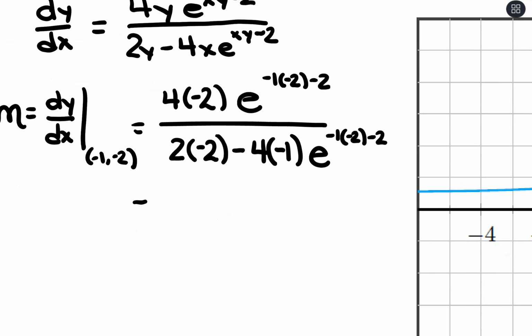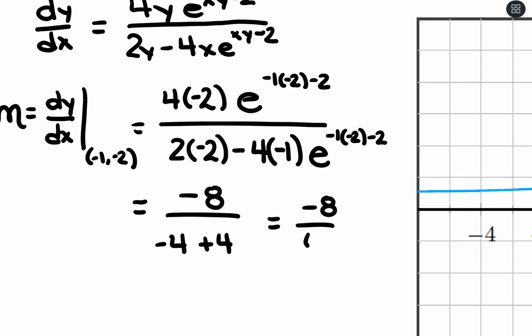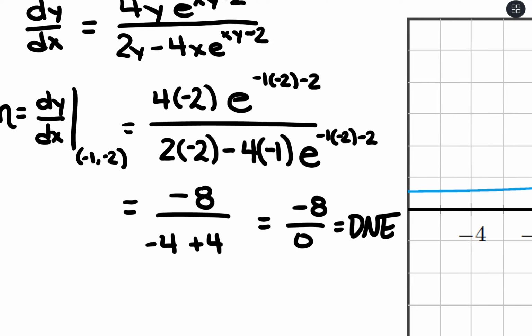So what is nice is those exponents turn into 0. So e to 0 is just going to turn into a 1. So we have a 4 times -2 over -4 plus 4, which is going to be -8 over 0, which means our slope does not exist.